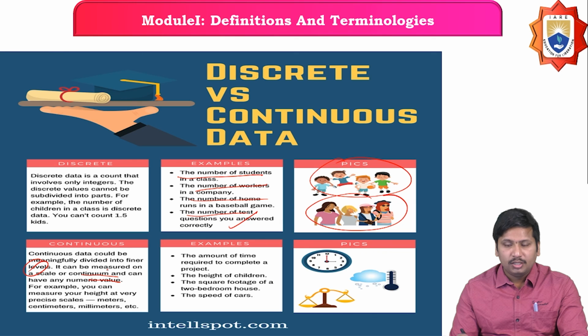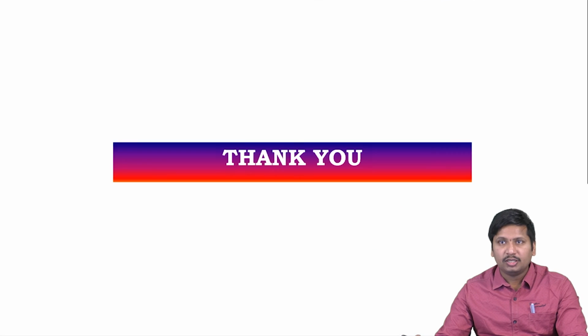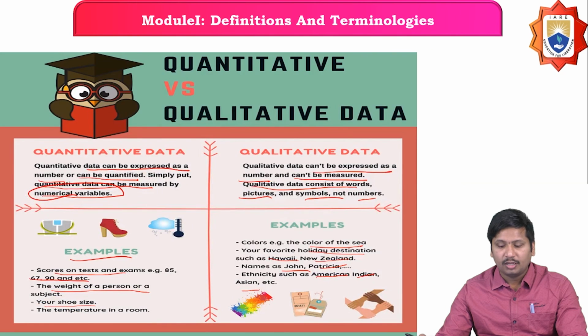Some examples are the amount of time required to complete a project, the height of children, the square footage of a 2-bedroom house, and the speed of a car. The data keeps varying, right? Just recall what I said in previous slides. That is continuous data. These are some of the questions that may come on discrete and continuous data, right?